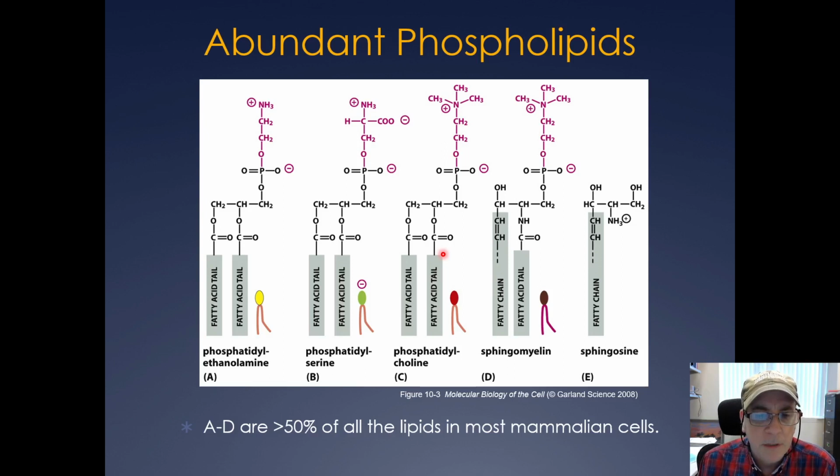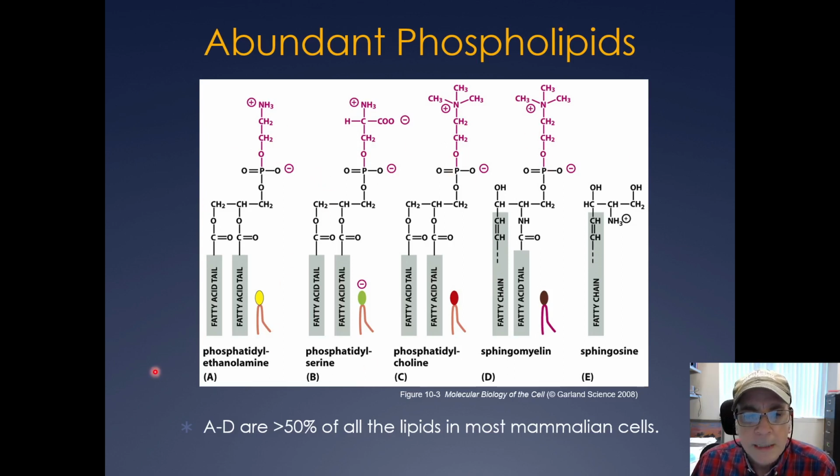You have phosphatidylethanolamine here, phosphatidylserine, phosphatidylcholine, sphingomyelin, and sphingosine down here. You don't necessarily need to memorize the chemical structures or how these differ, but you should be able to recognize what a lipid molecule is based on its name, especially these ones.